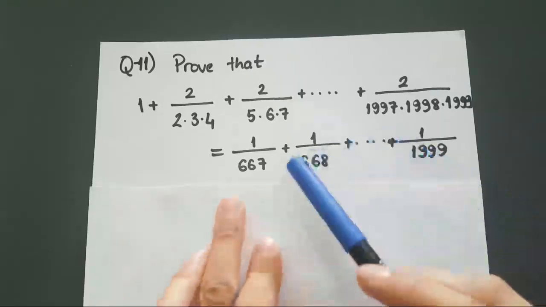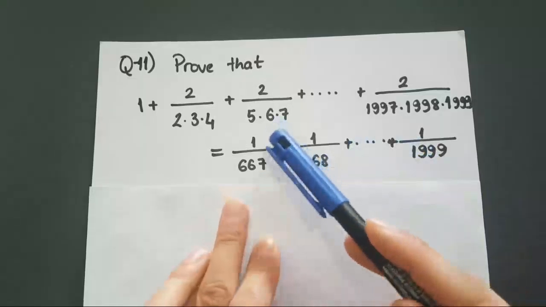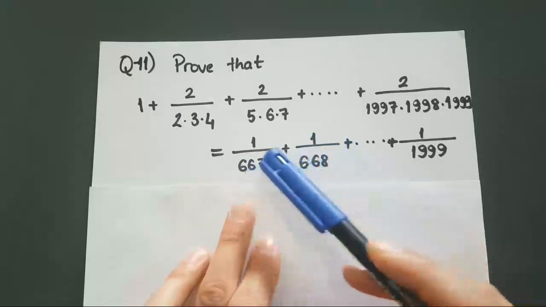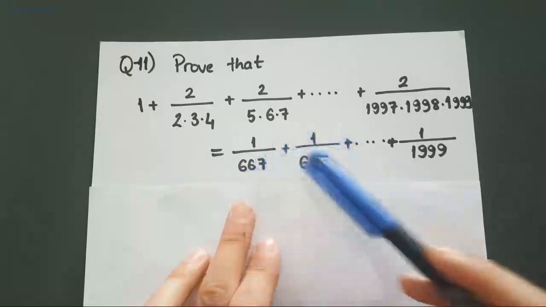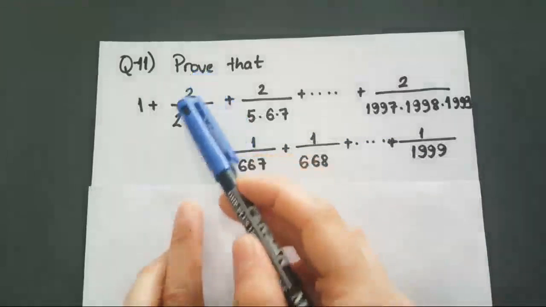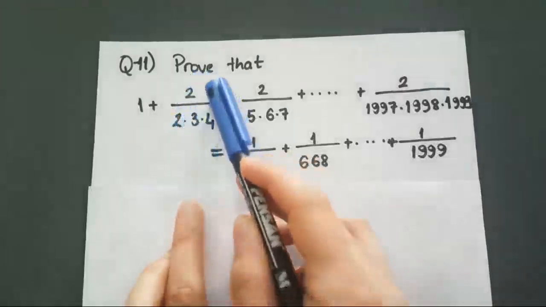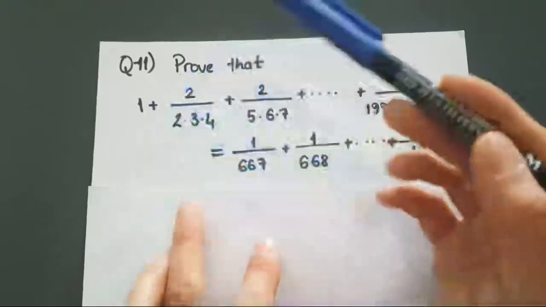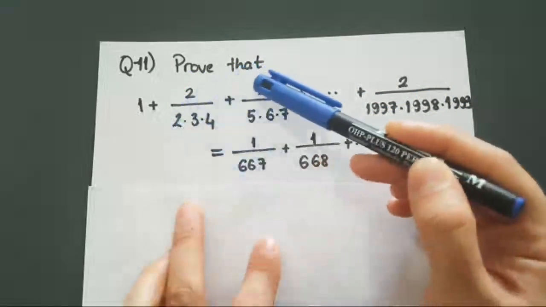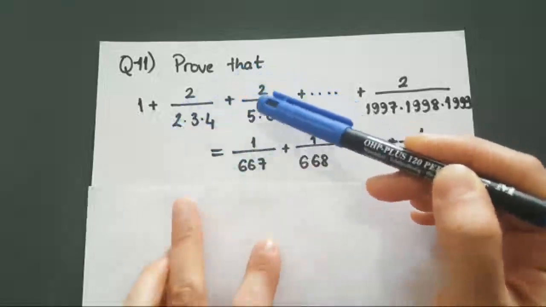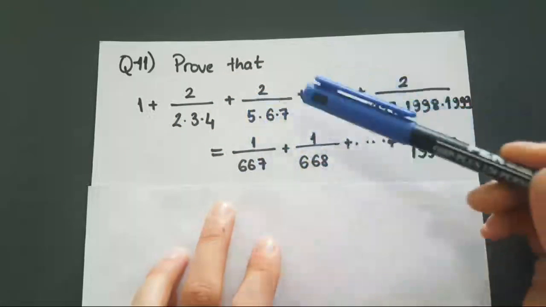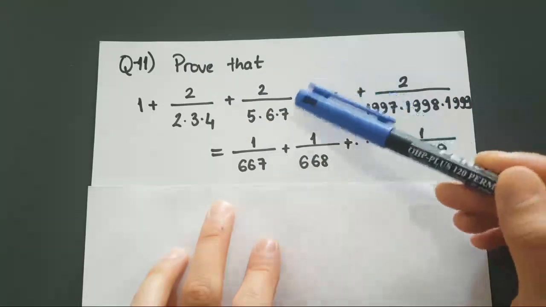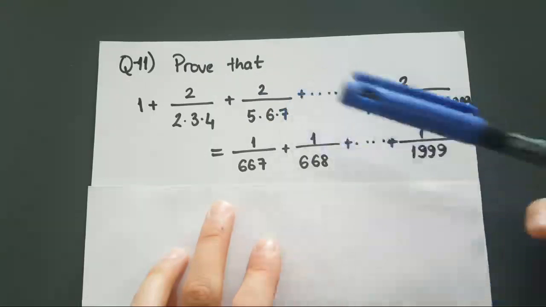When you check the right side of the equation, 1 over 667, 1 over 668, you see, these are simpler rational expressions. Here I have 2 over 2 times 3 times 4. Is there any way to write it as a sum of any numerator over 2 plus any numerator over 3 plus any numerator over 4? For the third one, is it possible to write it as x over 5 plus y over 6 plus z over 7?